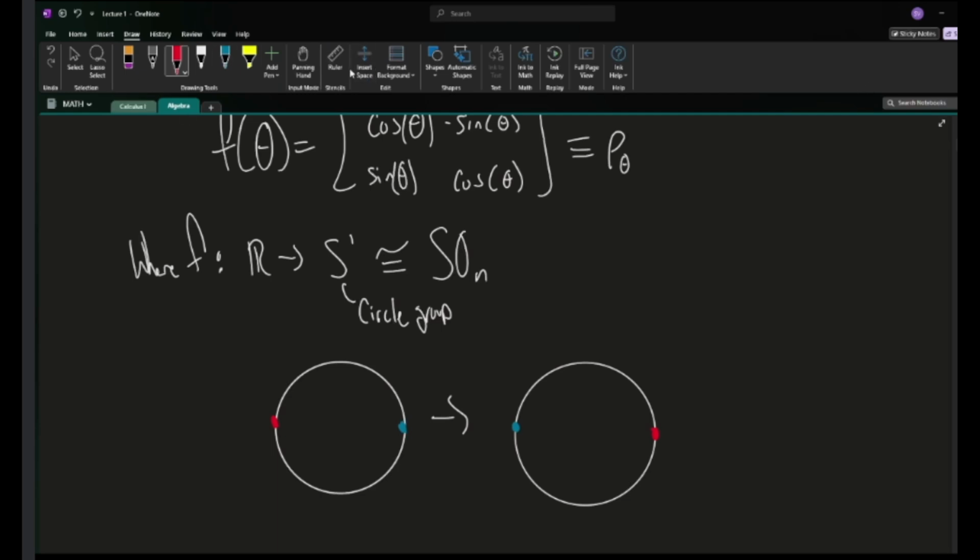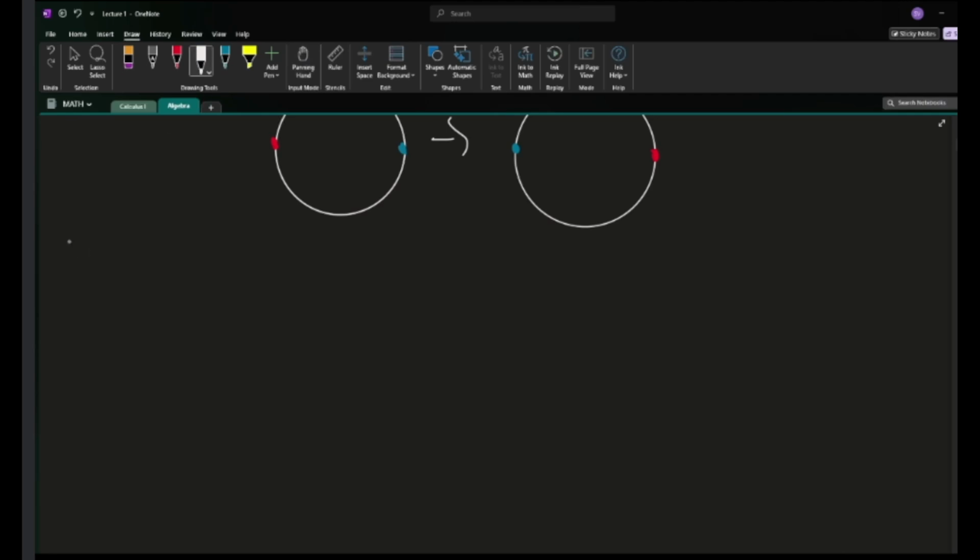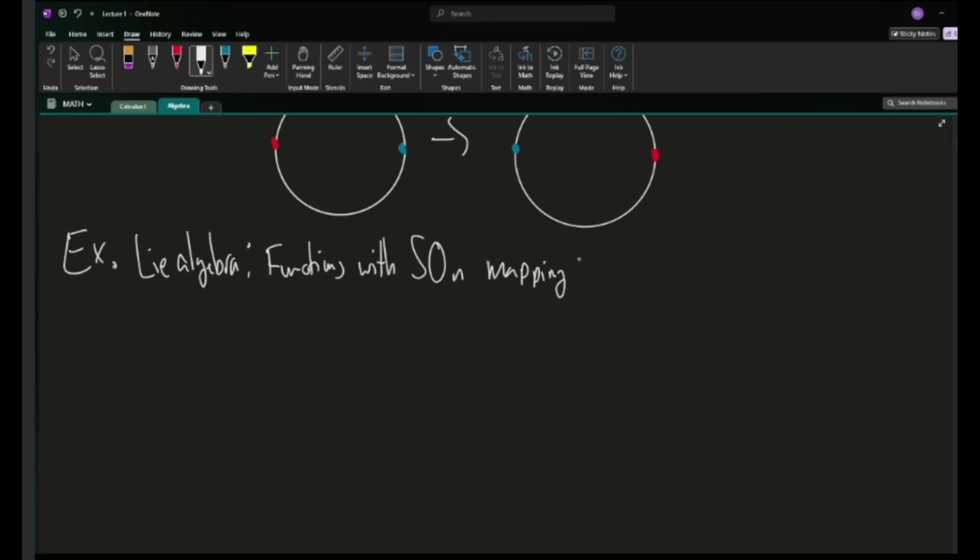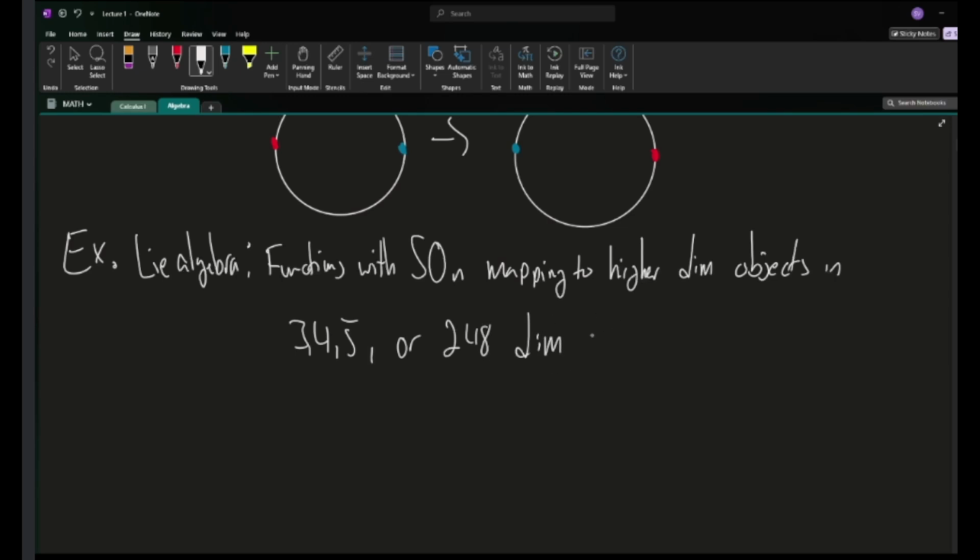Another application here is, if you look again into the algebra, you look at the operations, at functions with these special orthogonal groups mapping to higher dimension objects in 3, 4, 5, or 248 dimensional polytopes.